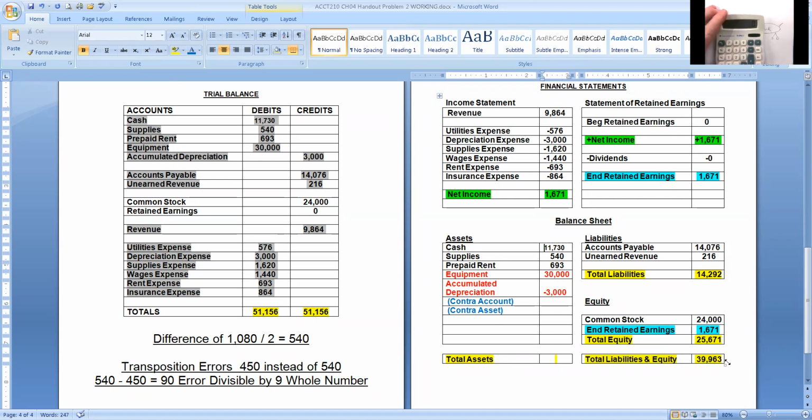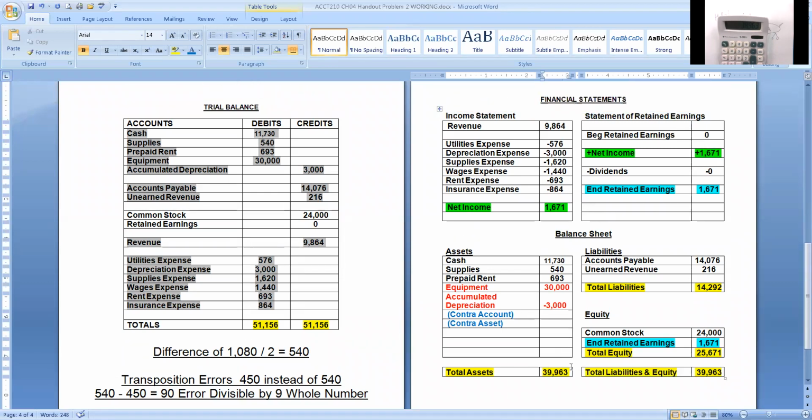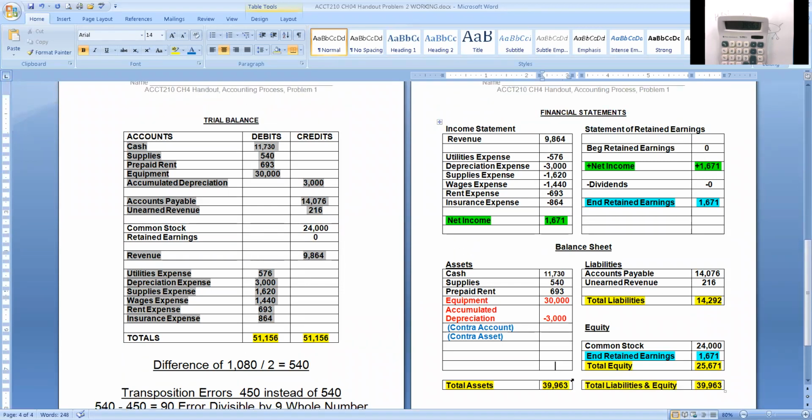And hopefully it should come out to that same number. I did it. No, it's not.